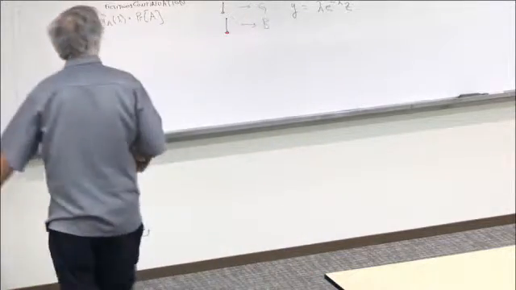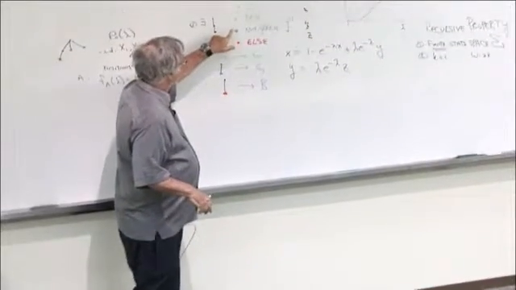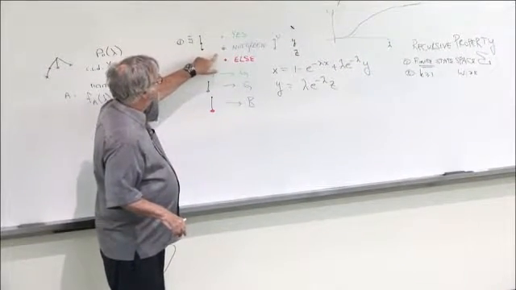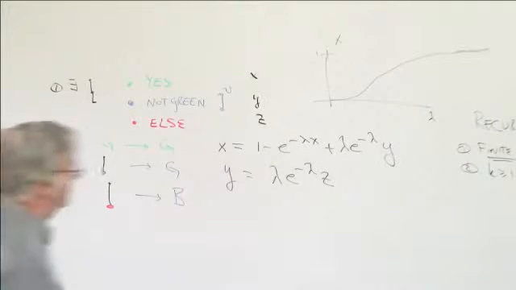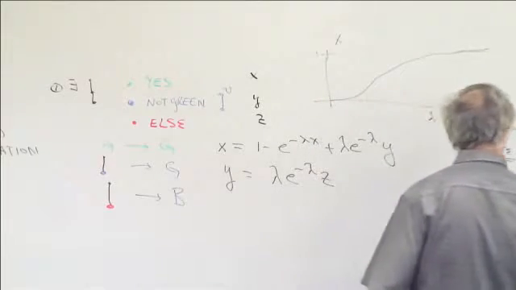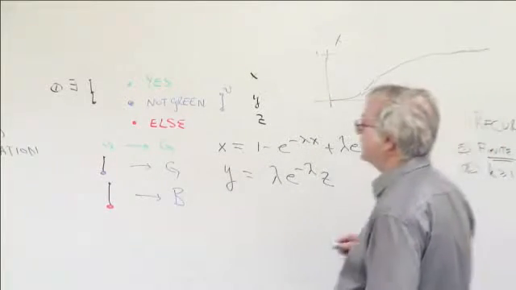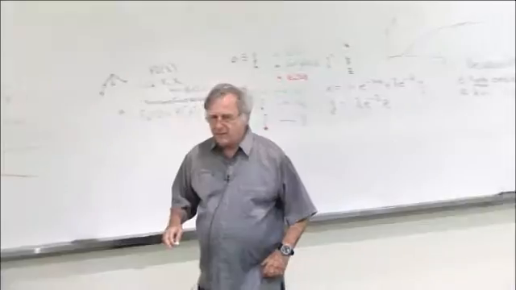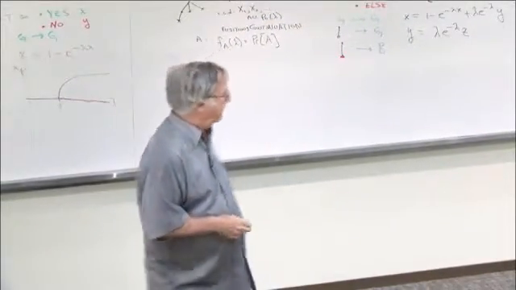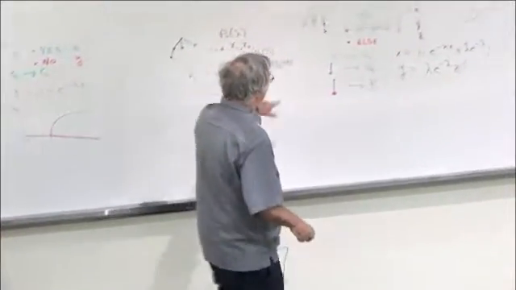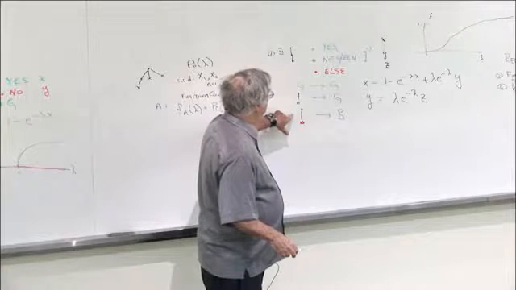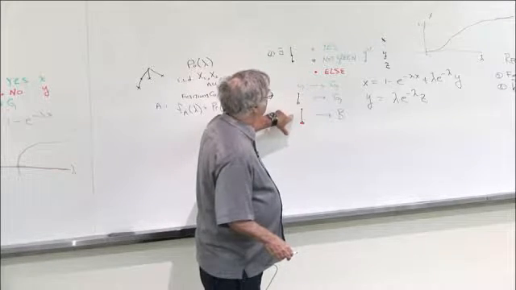So here, if you have 2 or more children of a certain type, then it doesn't matter.